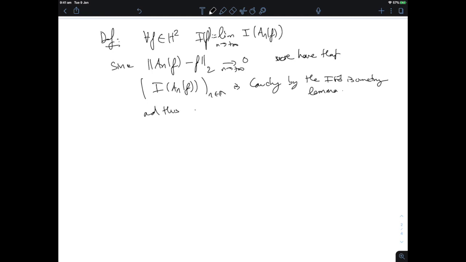And thus it converges. So we know that when we do this kind of approximation, we have a sequence of integrals that converges to something, and that limit is what we call the integral of an H2 process. So we've defined the Ito integral right here for any H2 process.